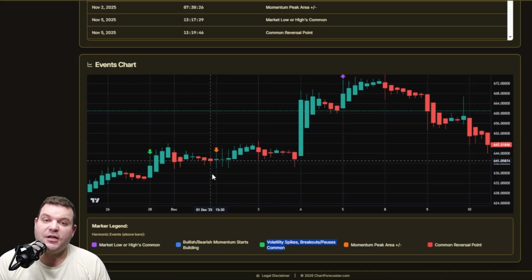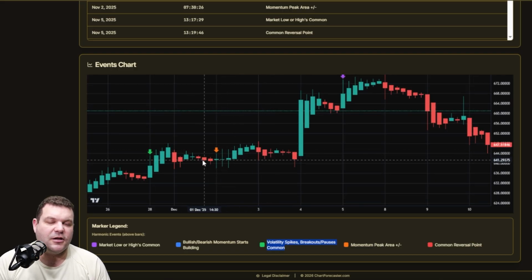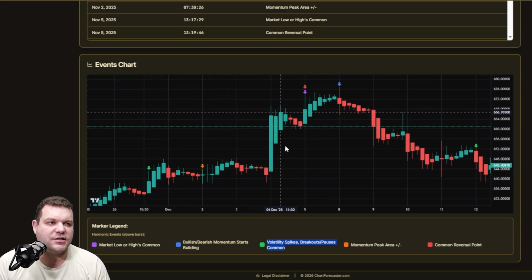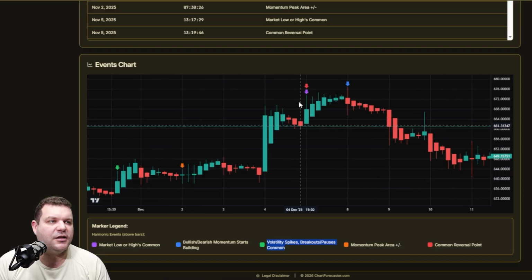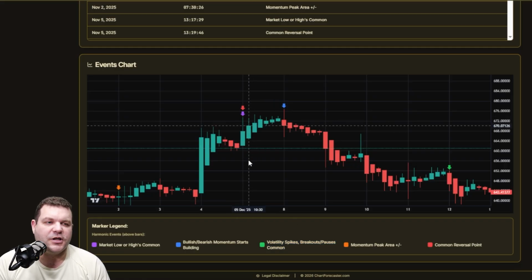Now, the next thing that it predicted was a momentum peak area. Now, this could mean that price is probably going to stick around this area, or whatever area it is that you're looking at on the charts. But you can see that shortly after there was a spike, and there was some more predictions drawn on the chart by Chart Forecaster.